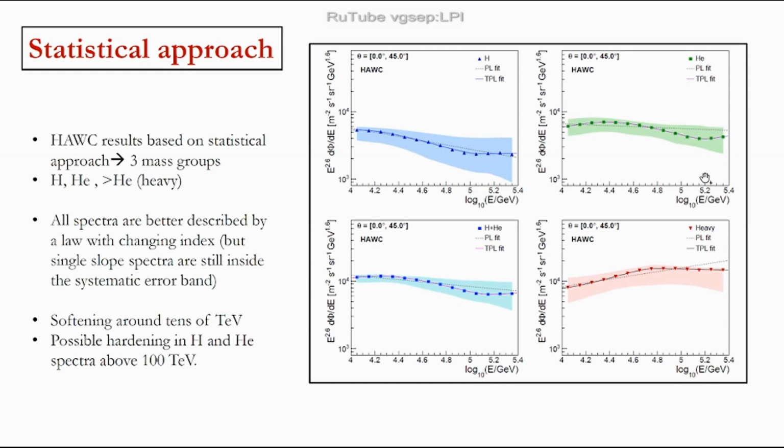But we must be very, very careful in claiming these structures, because we can immediately see from these error bands that the systematic error is much bigger than these structures. So I would be very careful in claiming all of these structures in this spectrum.